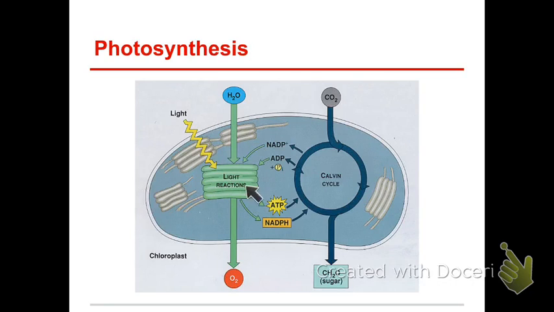This is where the light reaction takes place, on these thylakoids. And then the Calvin cycle happens in the liquid part of the chloroplast, which is called the stroma. It's just a dissolved soup of enzymes and nutrients, and all the things that are needed for this reaction to take place are just in this liquidy part of the chloroplast.